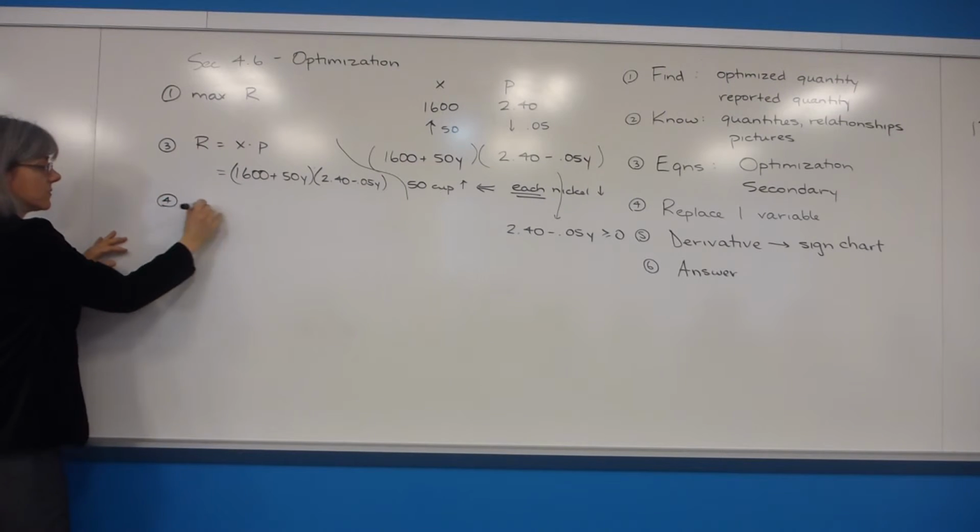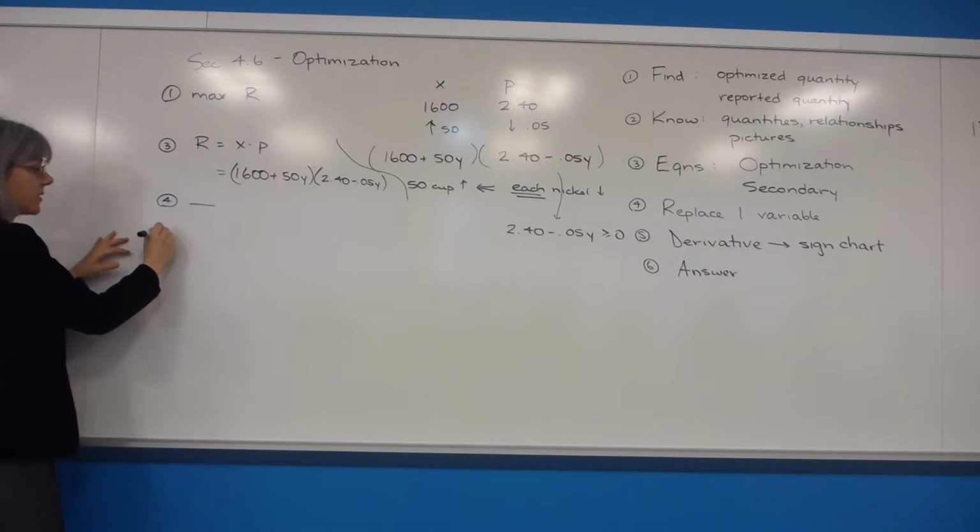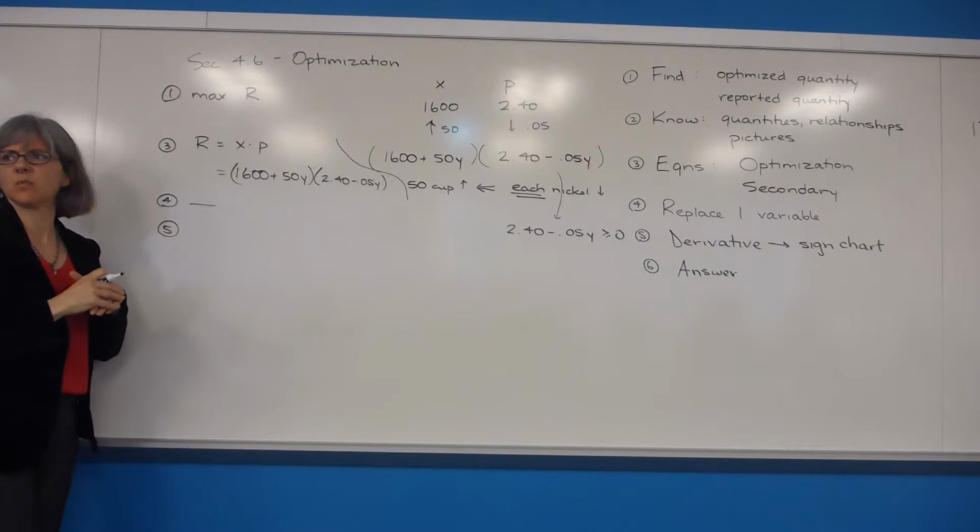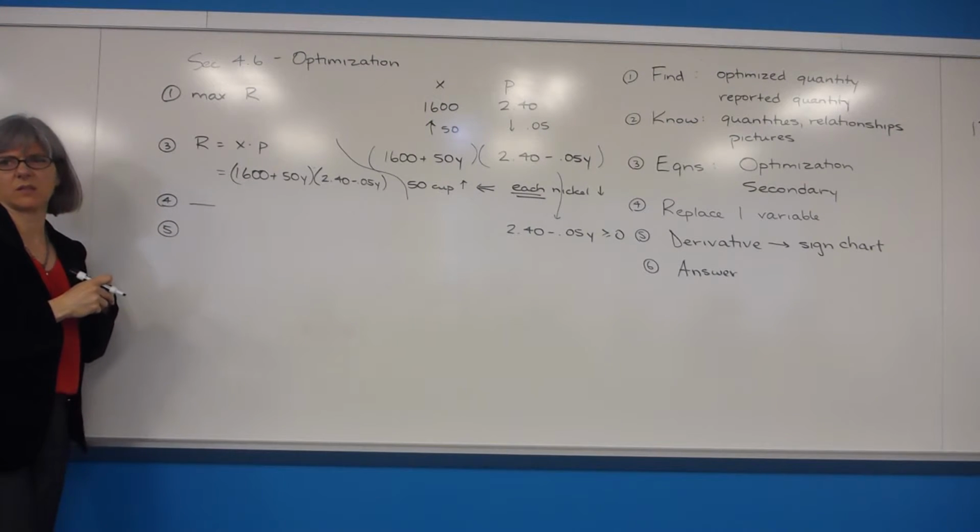So we don't need to multiply it out. We already have it simplified, so now we need to do the derivative. Should we review product rule just for kicks? Yeah, just for fun.